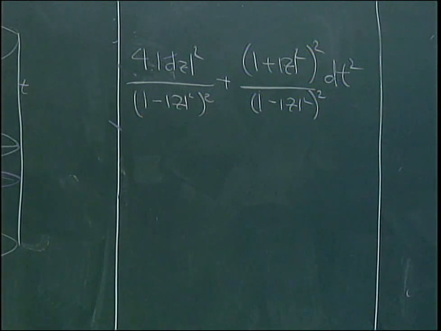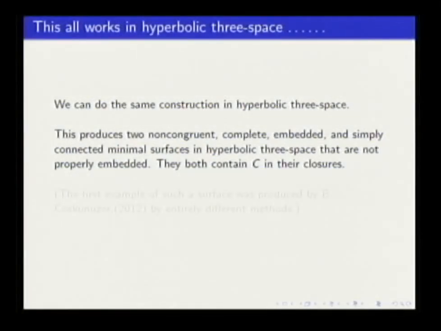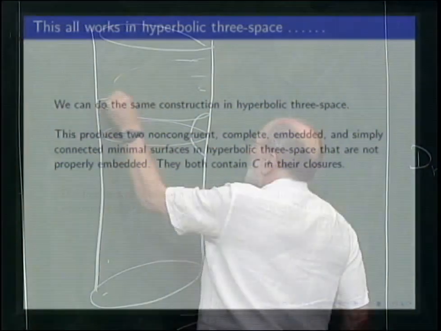Okay, so what I need to show here is that I can get exactly the same picture. I'm going to get a limit leaf, a single limit leaf that looks like this.